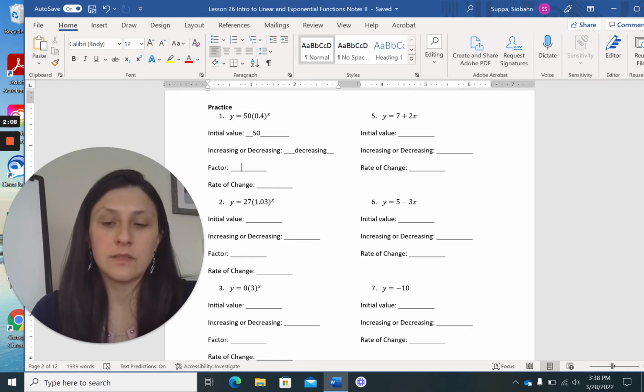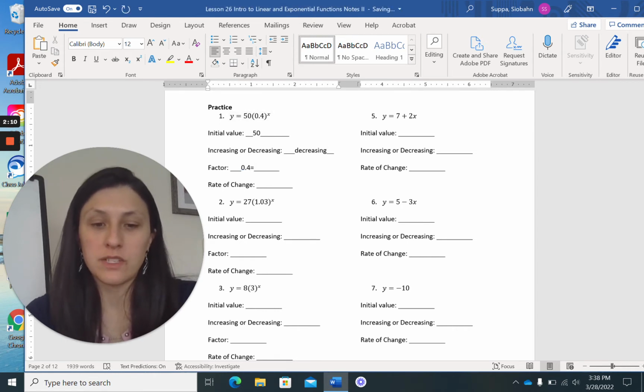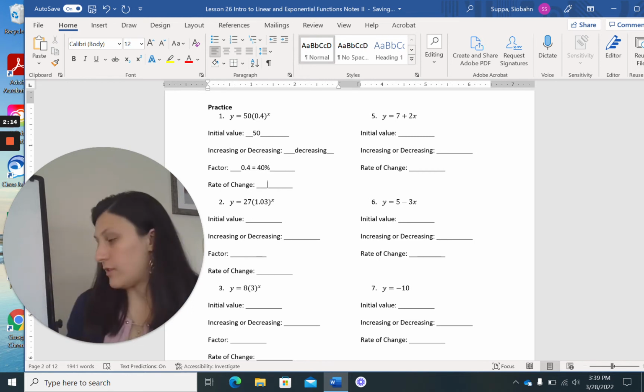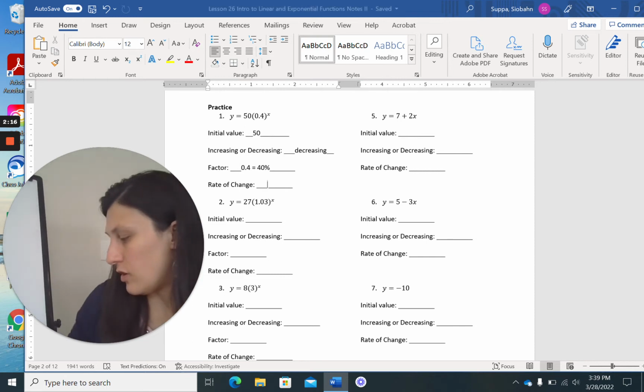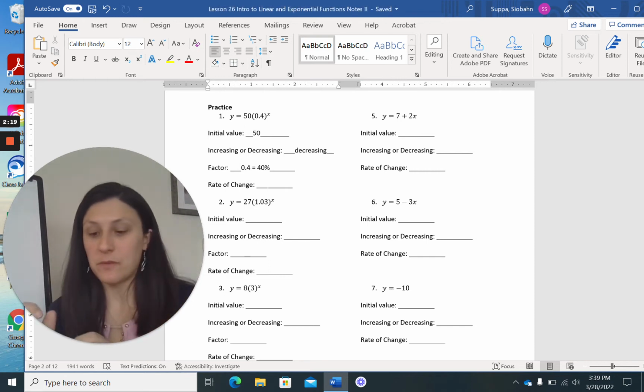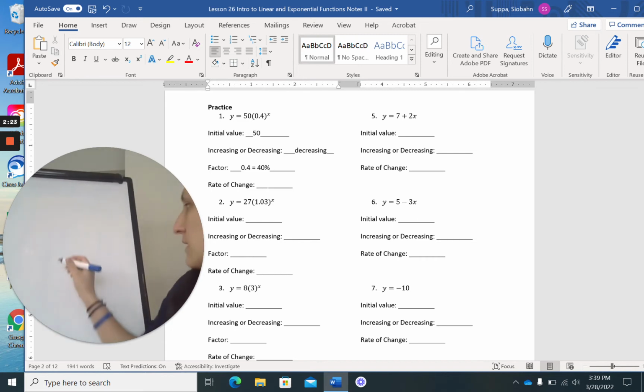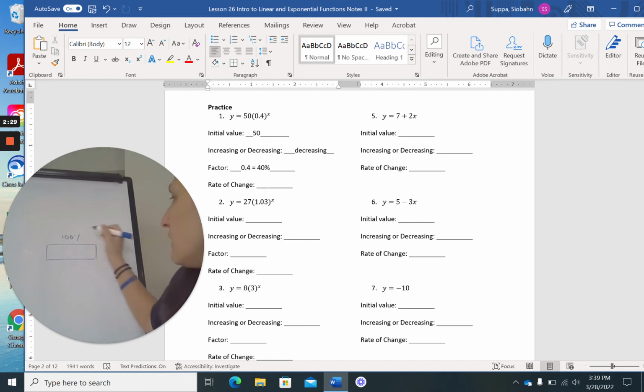The factor here is 0.4 or 40%. So you could write that as 40%. And if the factor, I'm going to draw on the whiteboard, that's why I thought this might be useful. If the factor is 40%, then that means that if you had a starting amount of 100%, and now you're down to 40%, then what you must have just lost is 60%, right?